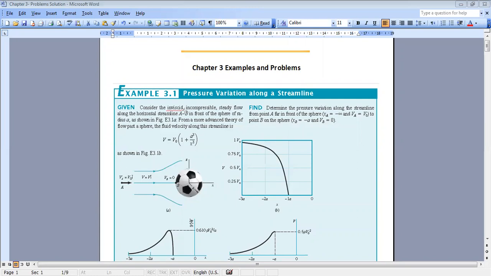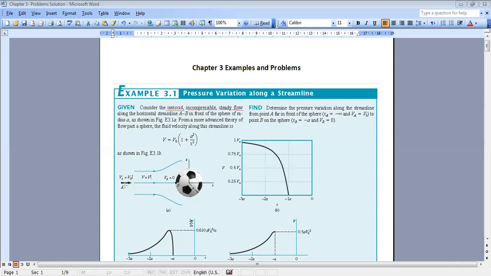So when I draw the free body diagram of a small element of the fluid, I should not take into consideration viscous effects. Incompressible means that rho is constant, so I don't have variation of rho with position. Steady flow means that my flow is independent of time, so it's steady state.